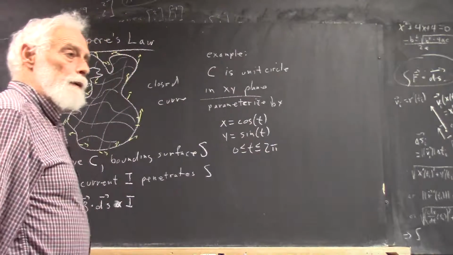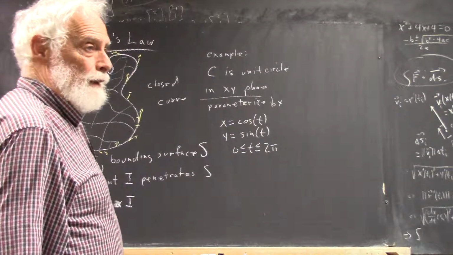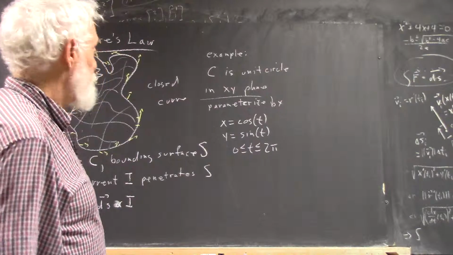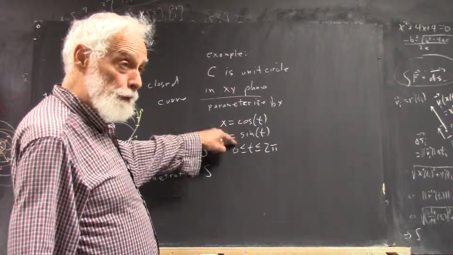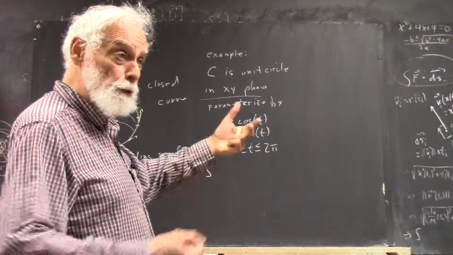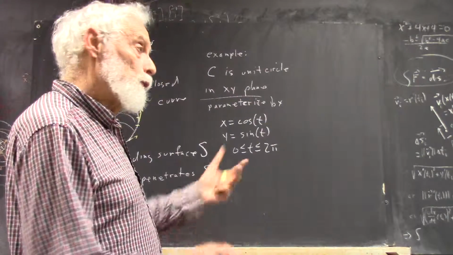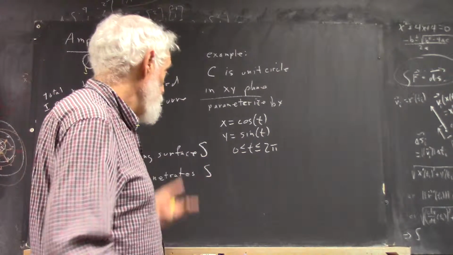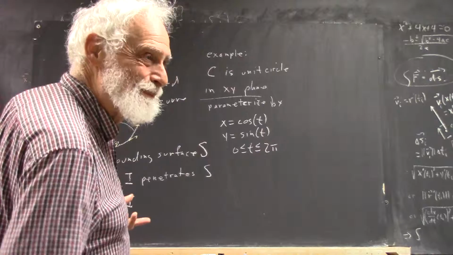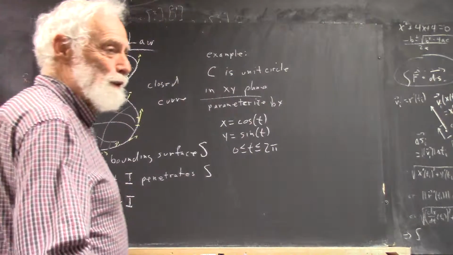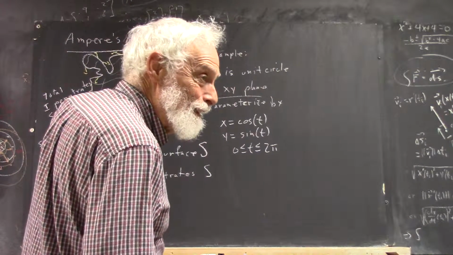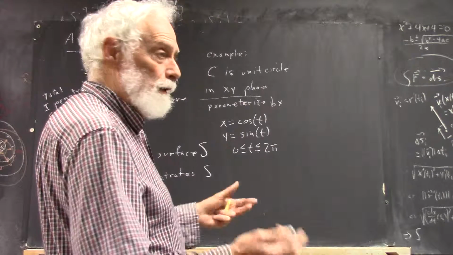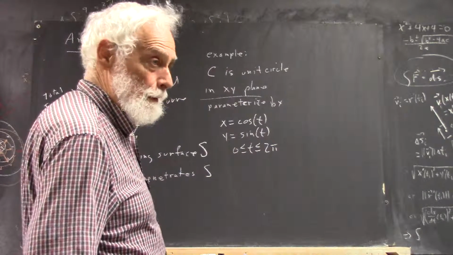That would be a typical parameterization. Now they can get a little nastier than that. If it's an ellipse, then you put two different numbers in front of these and you get an ellipse that's elongated in one direction. If it's a rotated ellipse, you just give up and go do something else, okay? No, you probably have to look that one up, okay? But just a simple transformation, a little linear algebra, you can easily rotate an ellipse, okay?